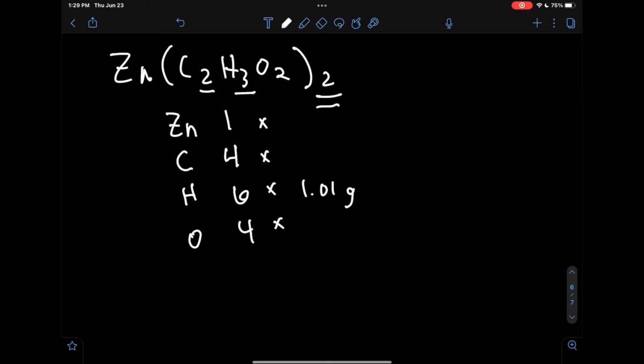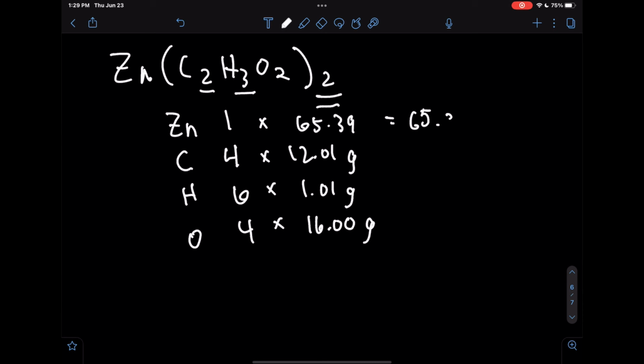Hydrogen again has 1.01 grams per mole. Oxygen 16.00. Carbon is 12.01. And zinc is 65.39. So we'll go ahead and multiply these out. 12.01 times 4, 48.04.